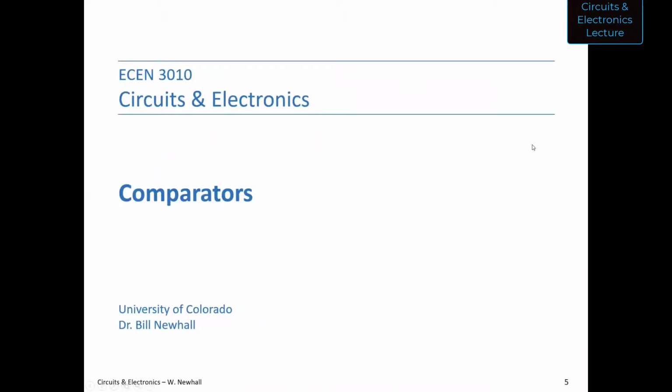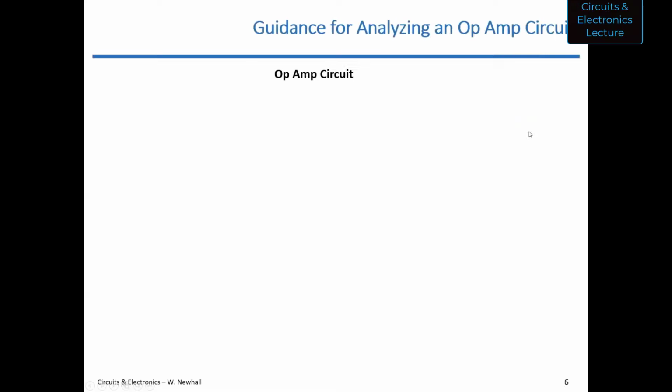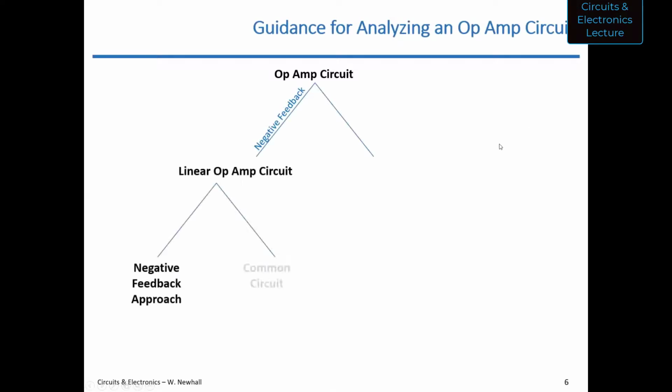Okay, so this leads us into comparators. Comparators compare two voltages. I brought you down the decision tree earlier, and we went down the left side. We're going to go down the right side of this tree now. So these comparator circuits do not have negative feedback.